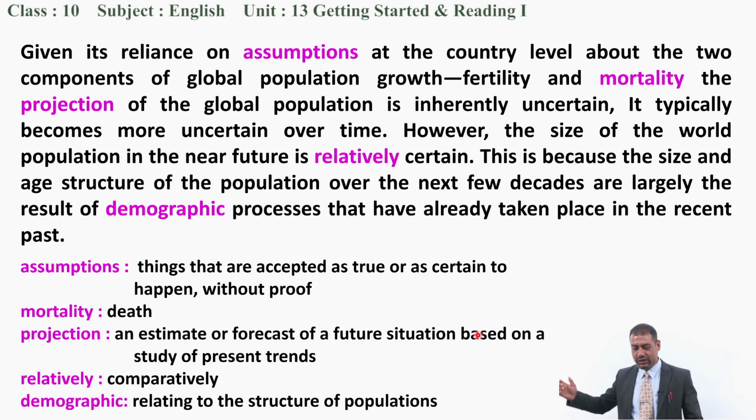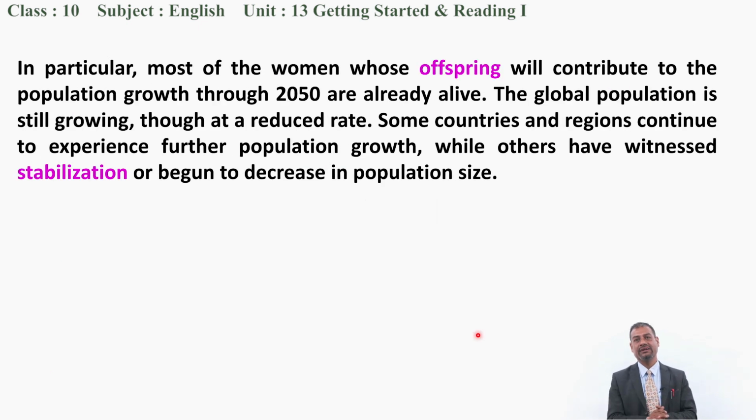Now, again, I want to take you to another paragraph. Read with me together again. Now, in particular, most of the women whose offspring will contribute to the population growth through 2050 are already alive. The global population is still growing, though at a reduced rate. Some countries and regions continue to experience further population growth, while others have witnessed stabilization or begun to decrease in population size.